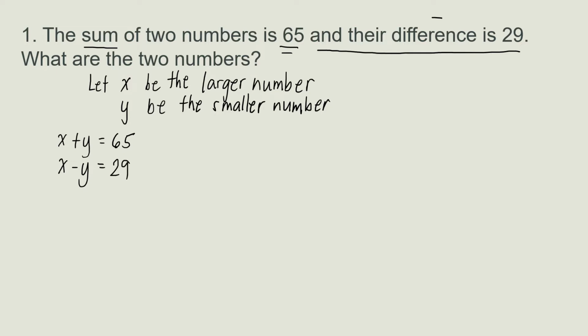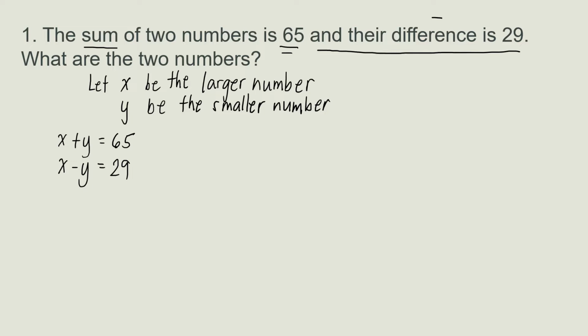So we now have a system where x plus y is equal to 65 and x minus y is equal to 29. You can now use either the substitution method or the elimination method to get the values of x and y. Here, I'll just use the elimination method.